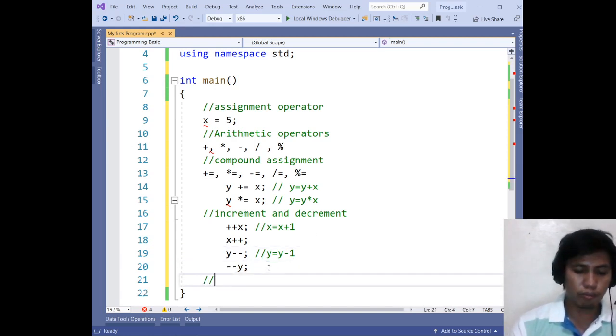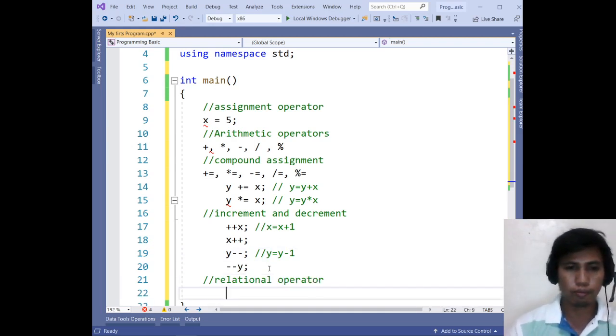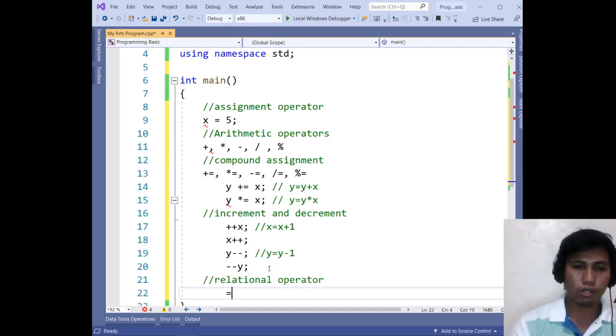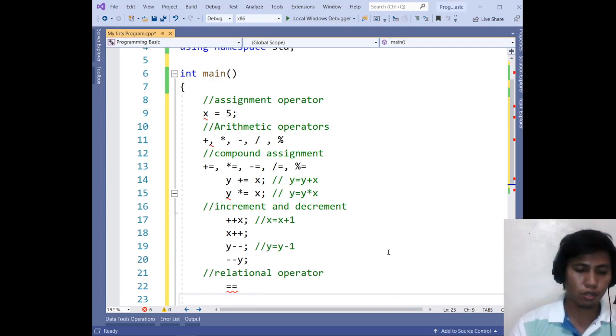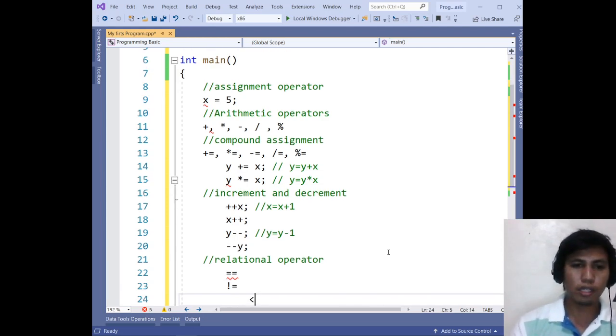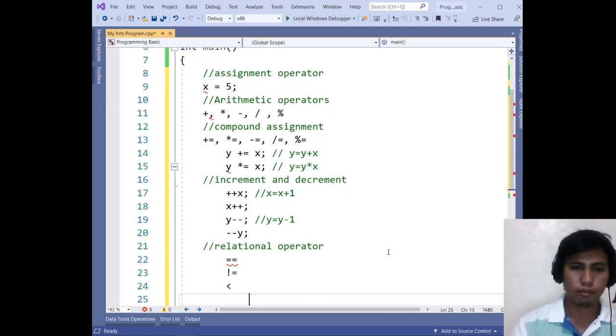Then we also have relational operators. So relational operators include equal to, not equal to, less than. We also have greater than.